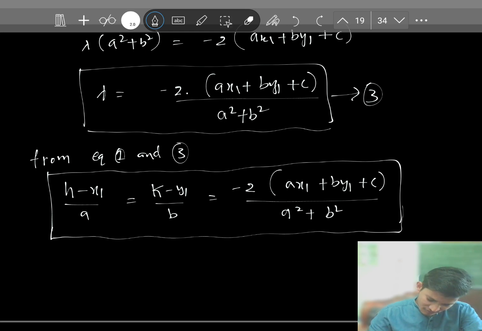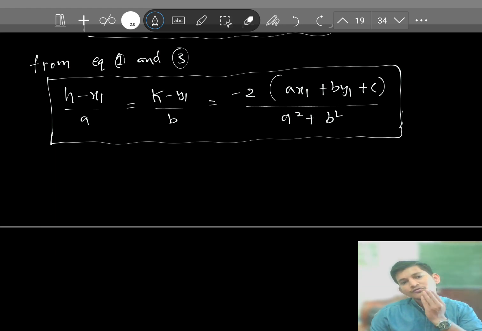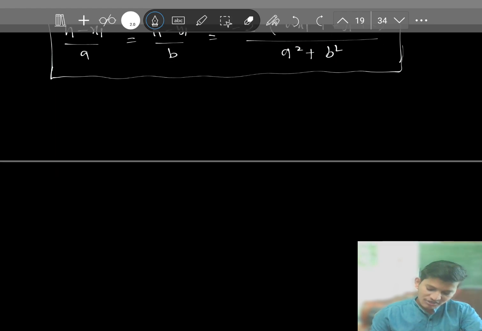So this is the total condition, or the formula you can say, to find the foot image of a point P (x1, y1) with respect to the straight line ax plus by plus c equals to 0.